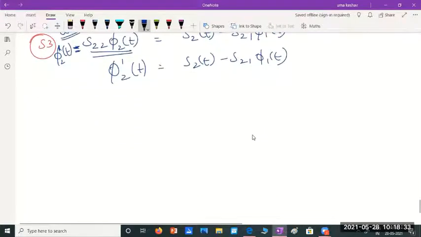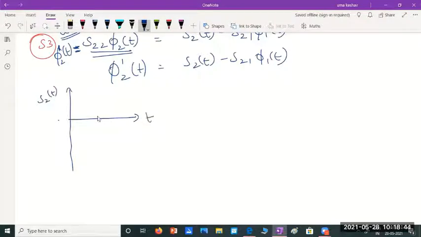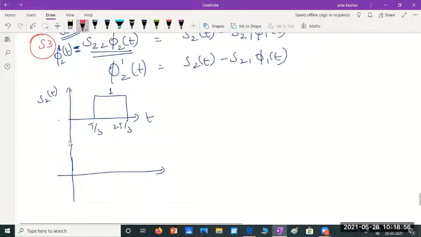Can you find this value, again from the waveforms? What is S2? S2 of t exists between t by 3 and 2t by 3, having a value 1, and S21 into phi1 turns out to be 0. Why?